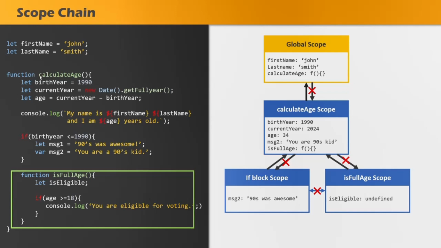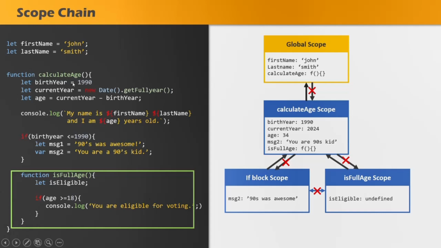The JavaScript engine does not create different lexical environments for different scopes. For example, inside this calculate age function, we are creating two scopes. First scope will be for this calculate age function, and the second scope will also get created using this if block. So when the lexical environment will be created for this calculate age function, we are only going to have one lexical environment that will be for this calculate age function.